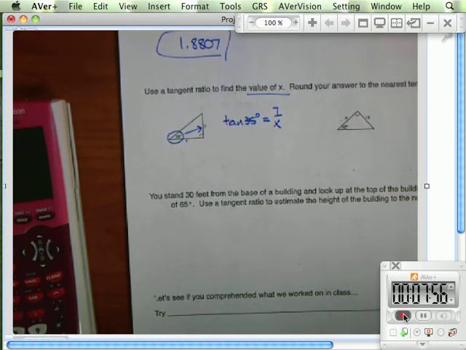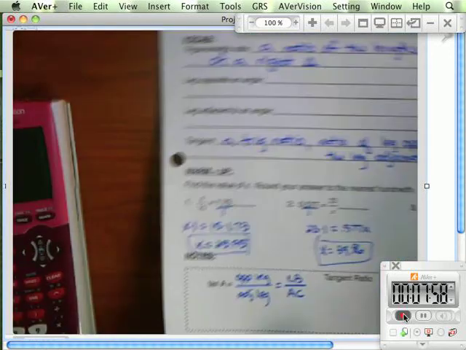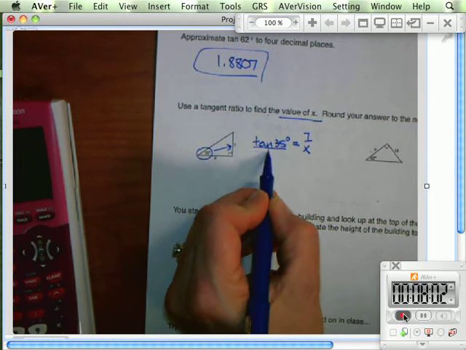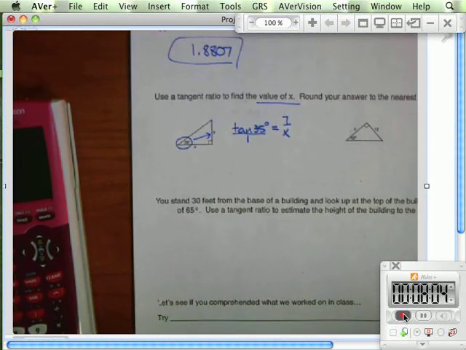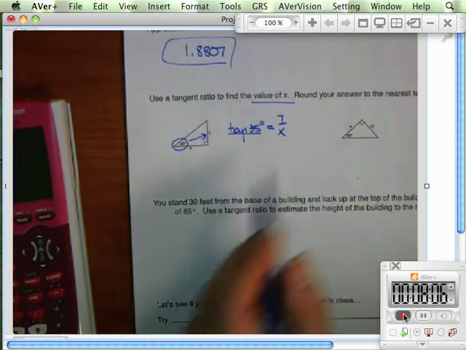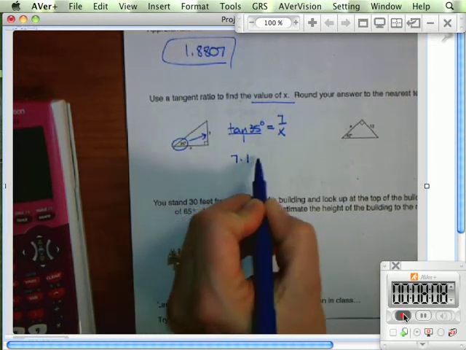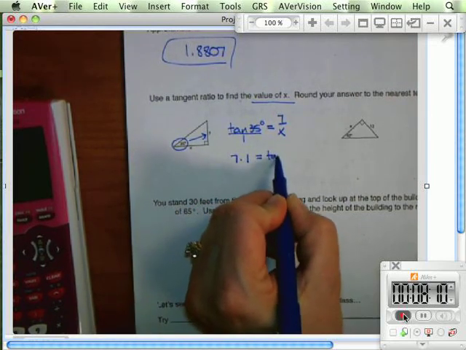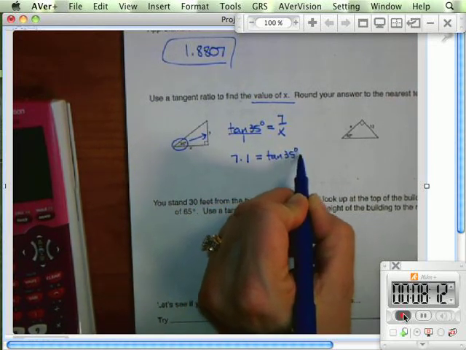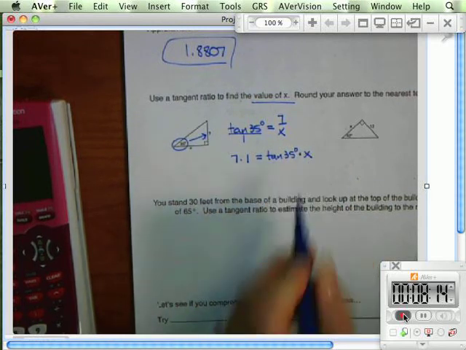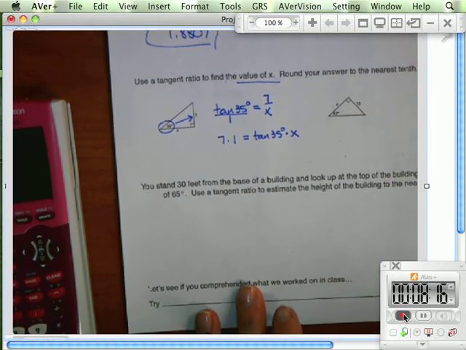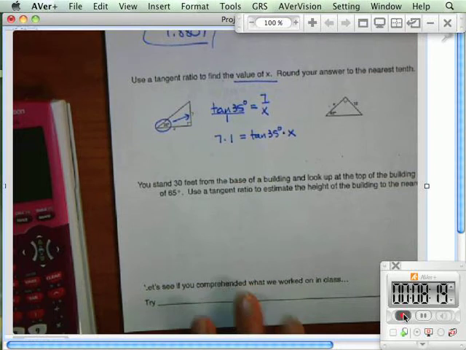So why did we practice this? Yes, we put this whole thing over 1, not just the 35, and we cross multiply. 7 times 1 equals the tangent of 35 degrees times x. Now I need x by itself, so what do I have to do?